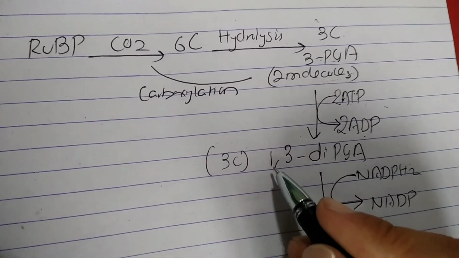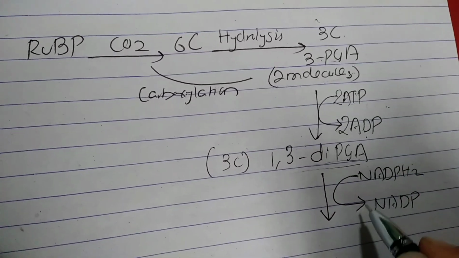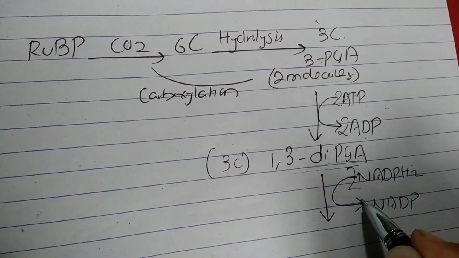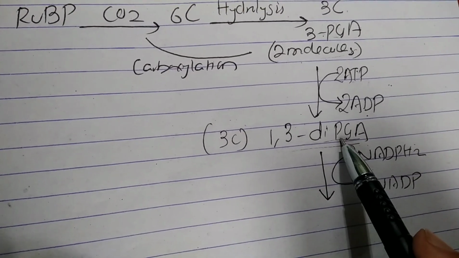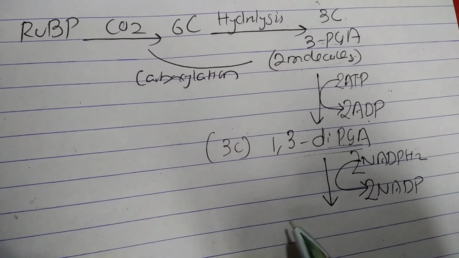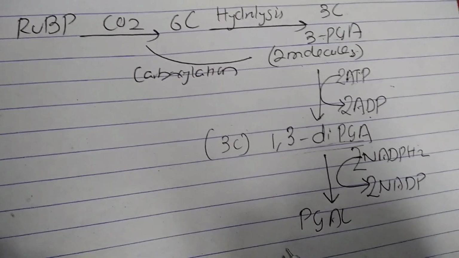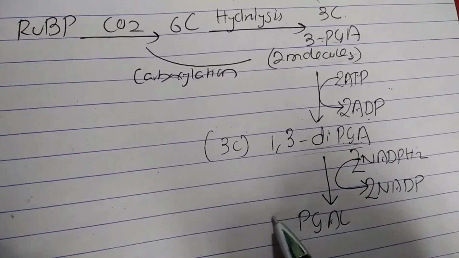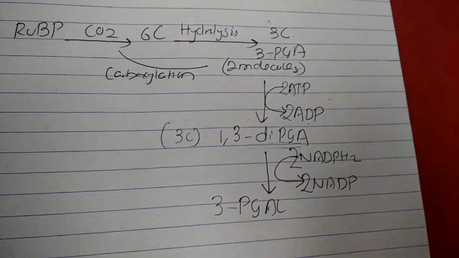As it is also in 2 molecule form, we need 2 molecules of NADPH2 and 2 molecules of NADP. It will reduce this compound, and as the acid is being reduced, we will get an aldehyde, which is phosphoglyceraldehyde. It is also a 3 carbon compound, so we write here 3, or you can remember it as 3-PGAL.